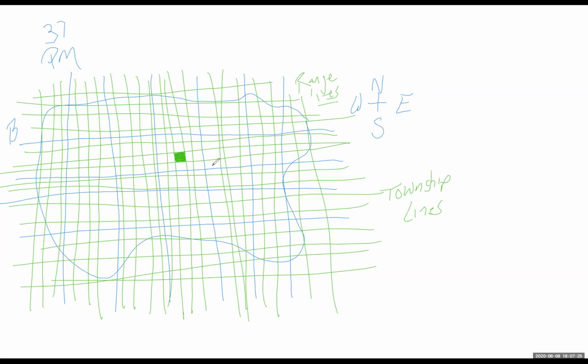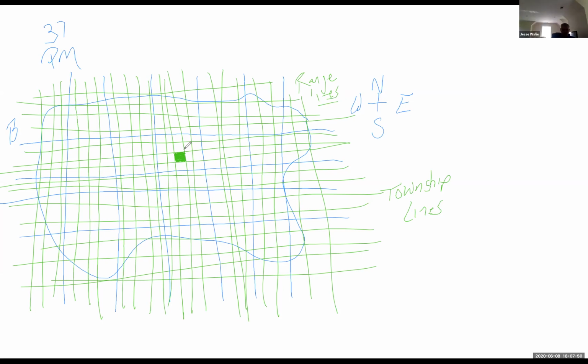So technically, what is this called right here? It's kind of interesting. What's that called? Section? Well, we didn't even get to that point yet. It was a good guess, but we're not at that point yet. That's called the township.